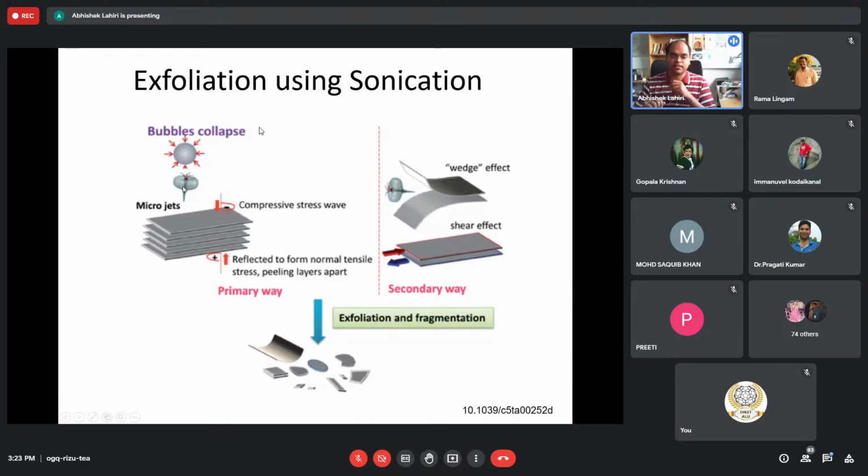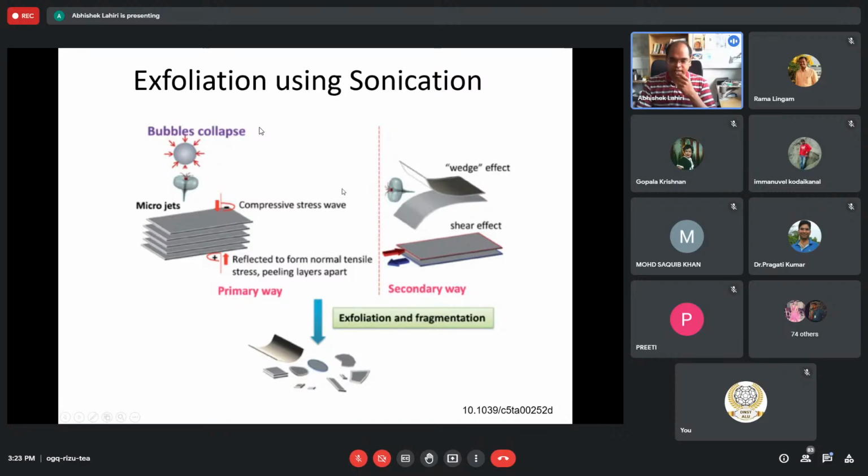These microjets of solvent are mainly responsible for exfoliation. The microjets can act as a force normal to the surface, giving a compressive stress force as shown in this figure, or they can produce a shear force, which leads to a wedge effect.